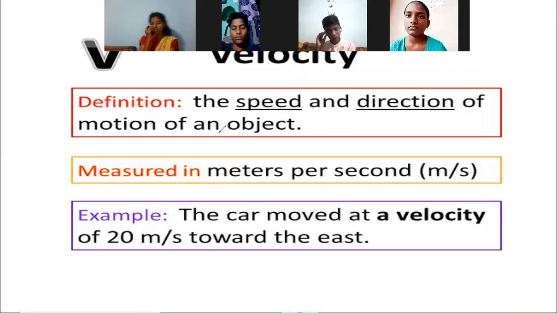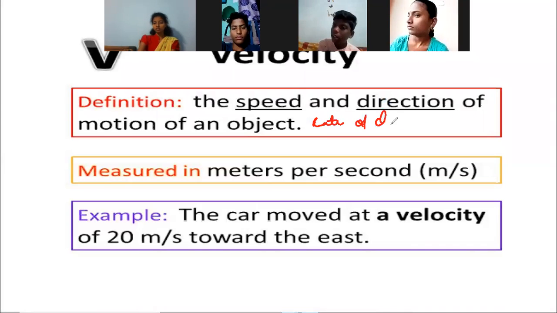Velocity is the speed and direction of motion of an object. The definition of velocity we can write like this, or you can simply write the rate of change of displacement.